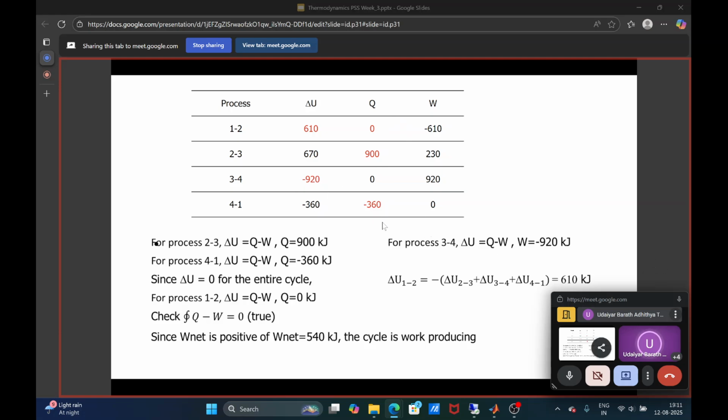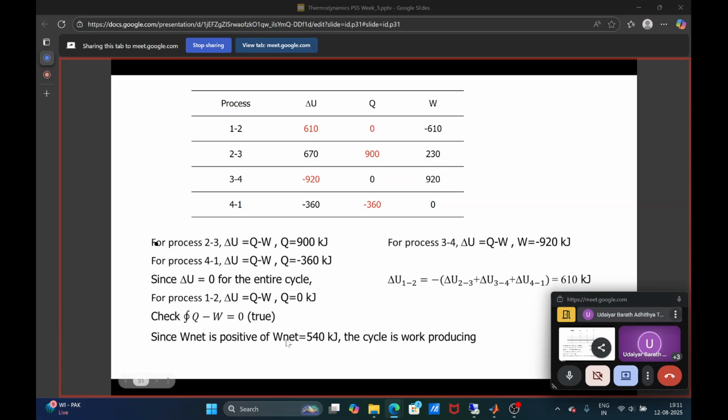So we'll add up all Q and W. We get W net is 540, we get Q is 0 for the first case. So delta U will be again similarly the net delta U is 0. In this case we get delta U1 is 610 kilojoule, or you can apply first law for the first case. So both you can do.